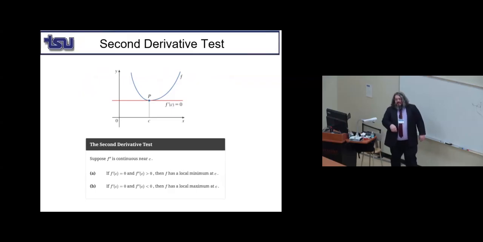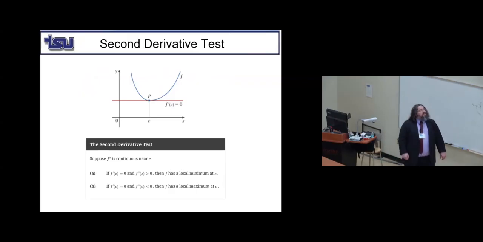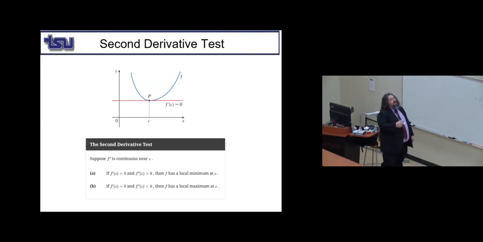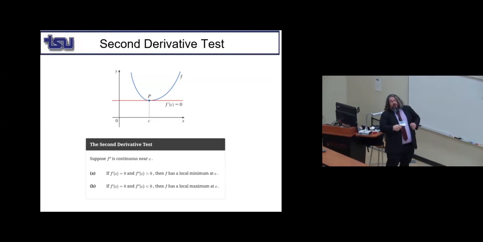So let's look at the second derivative test. The second derivative test is something that we can use in addition to the first derivative to quickly determine whether a critical point corresponds to a local maximum or a minimum. So imagine we have this point P. We already know that its derivative is 0, so we've got a critical number there.